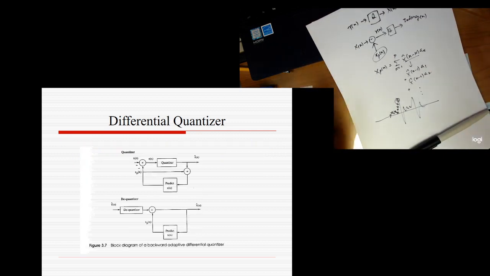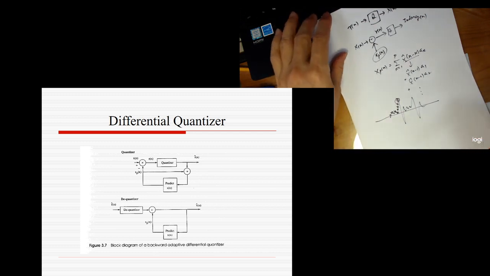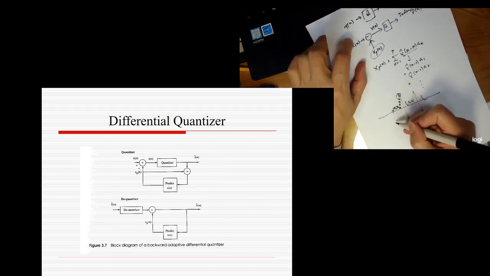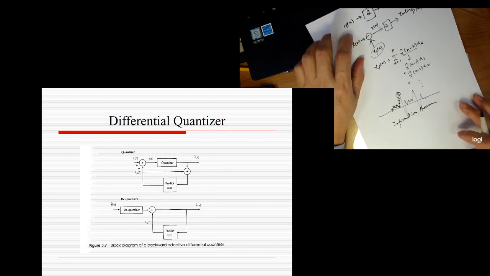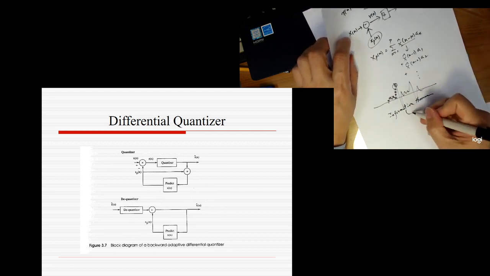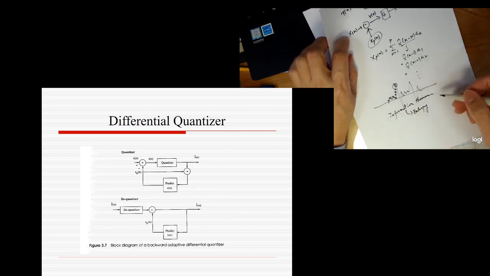The main idea, if you know information theory, is the entropy. If the signal's dynamic range is bigger, the entropy will be higher.